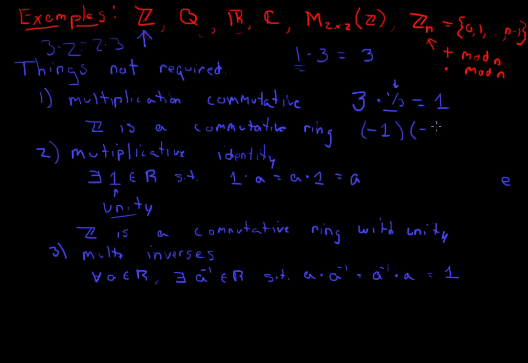It's actually itself, because -1 times -1 gives us 1. So -1 is actually the only element of the integers that has a multiplicative inverse. So you don't actually have to have all multiplicative inverses. You can have just some elements, or maybe most elements. It doesn't have to be all. And lastly, the technical term for multiplicative inverses is a unit, not to be confused with unity.